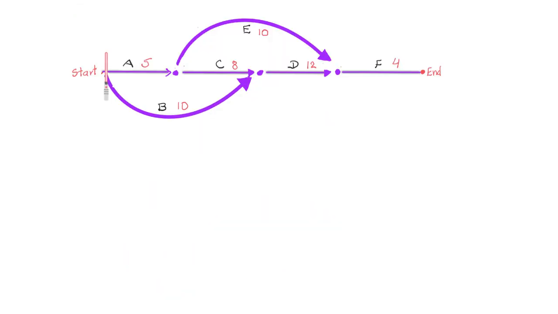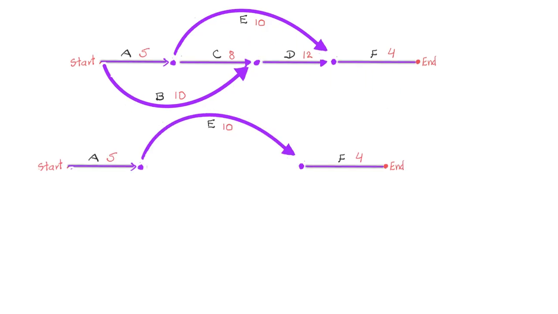So let's start from A here, and let's go through A, and then we'll go to E, and then we'll finish off with F. If we take this path, it will take us 5 minutes plus 10 minutes plus 4 minutes, which ends up being 19 minutes.